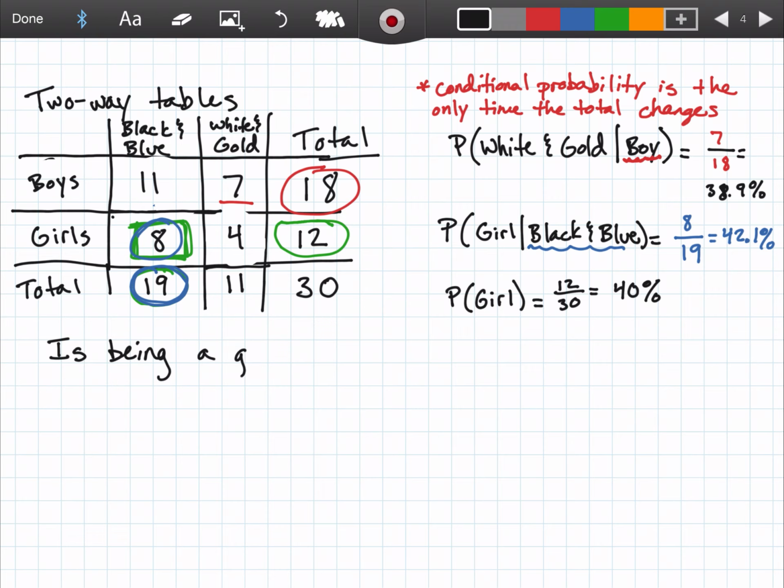Is being a girl independent from seeing a black and blue dress?